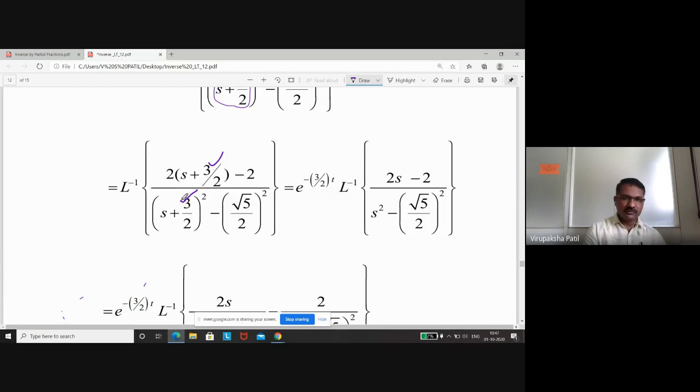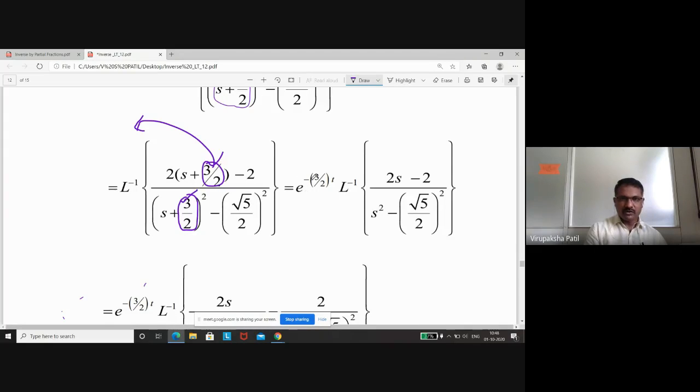When we go to the Laplace transforms, while finding Laplace transforms, you would have used the shifting property, that is, your f of t is multiplied by some e to the power something. What is that something? This. So taking this 3 by 2 outside, you can write this as a is equal to plus this much.